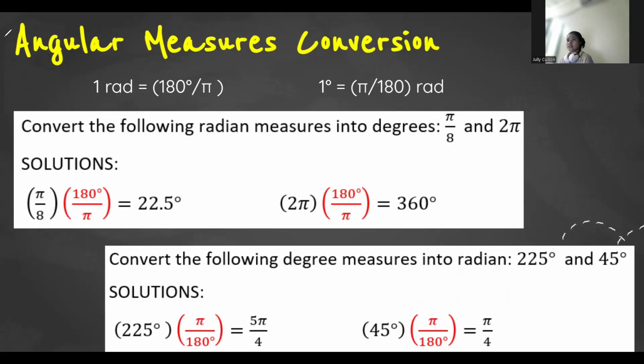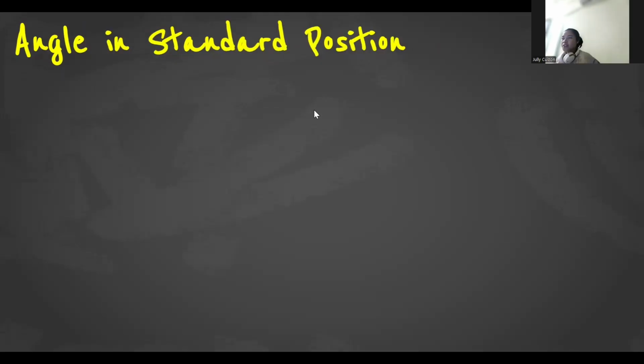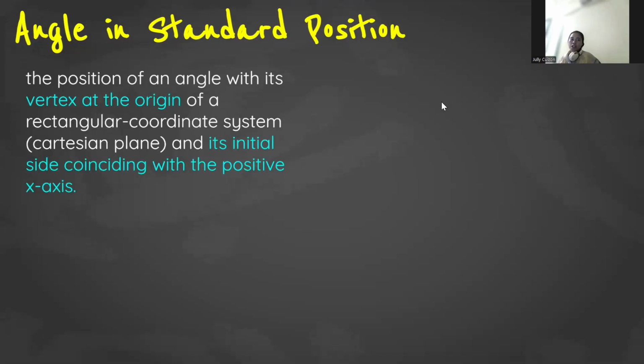Okay, next. Alright, so to continue. So we have here angle in standard position. When you say angle in standard position, it is the position of an angle with its vertex at the origin of a rectangular coordinate system and its initial side coinciding with the positive x-axis.